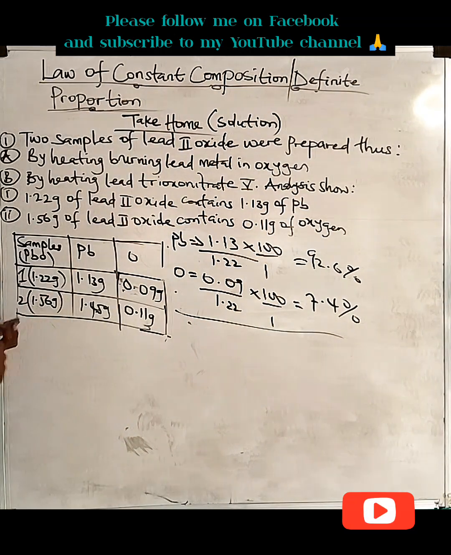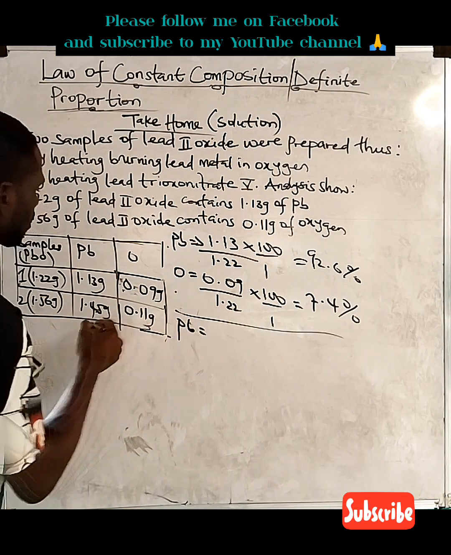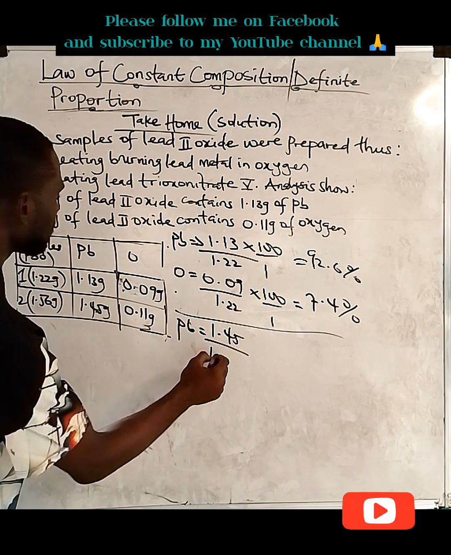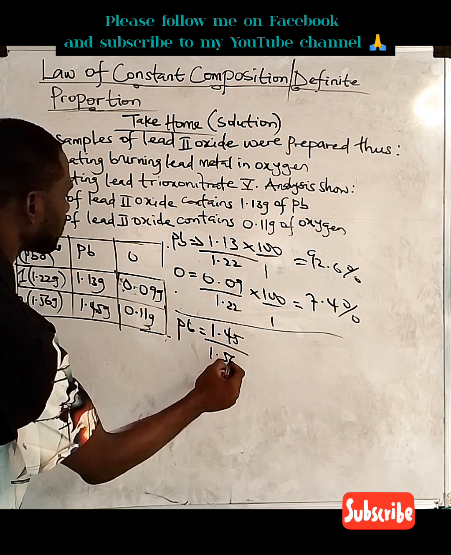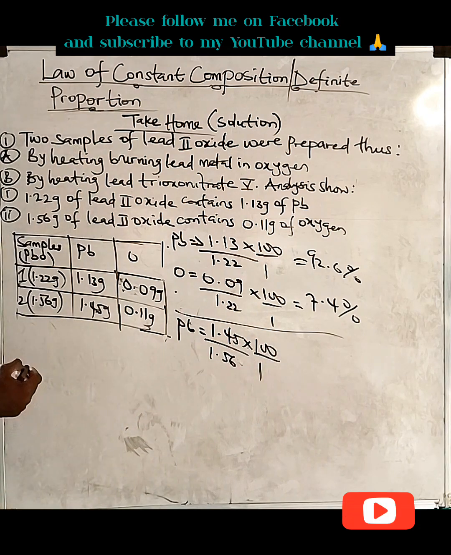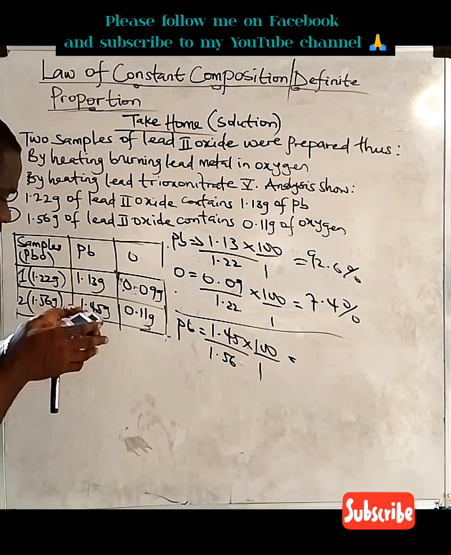So let's see if you're going to get the same thing for this next sample. For this next sample, lead is 1.45 gram over 1.56 gram, which is the total mass of the PbO we're talking about. So how much percent of Pb do we have here?